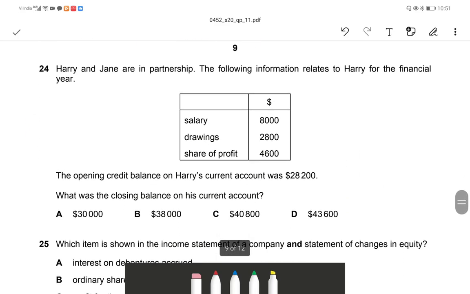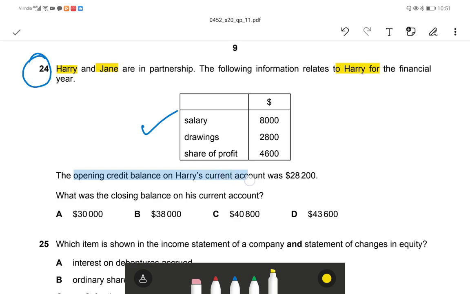Next, 24. Harry and Jane are in partnership. The following information relates to Harry for the financial year. They are given one table. The opening credit balance on Harry's current account was 28,200 credit balance.